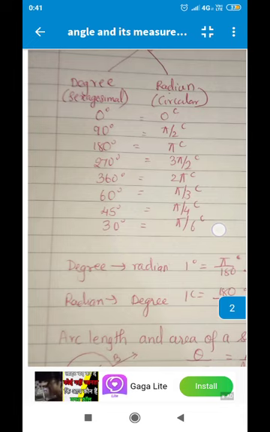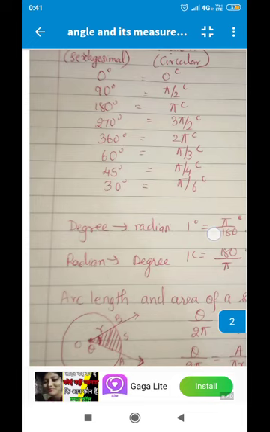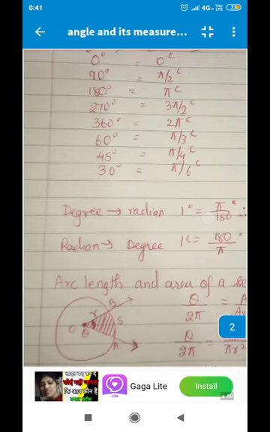I hope you are understanding. Every 90 degrees implies pi upon 2. Similarly, 60 degrees is pi upon 3 radian, 45 degrees is pi upon 4 radian, and 30 degrees is pi upon 6 radian.